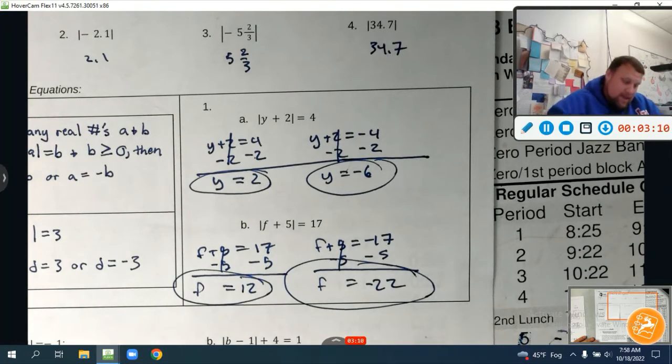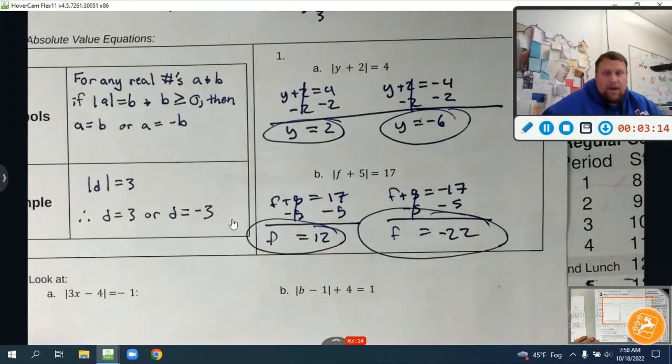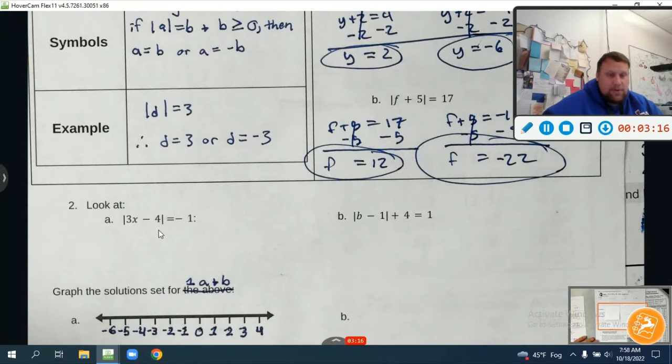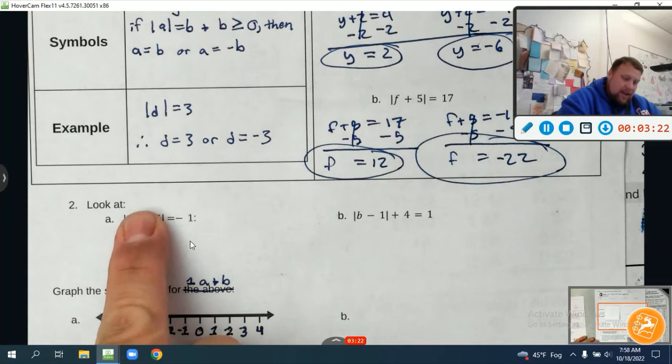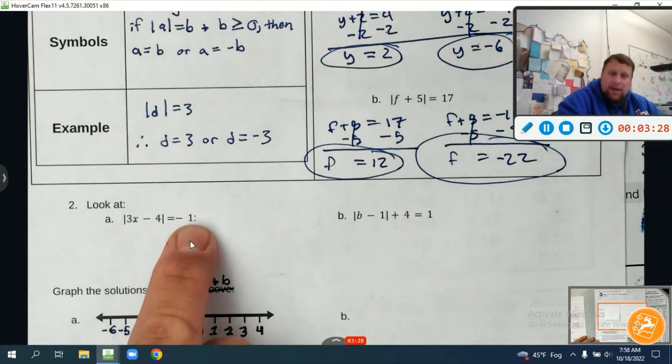Let's look at this situation right here, though. You'll get lots of practice today, but let's look at this situation right here. 3x minus 4 equals negative 1, the absolute value of it. Here's the deal. Is there anything I can take the absolute value of and get a negative? No, absolute value always gives me a positive.